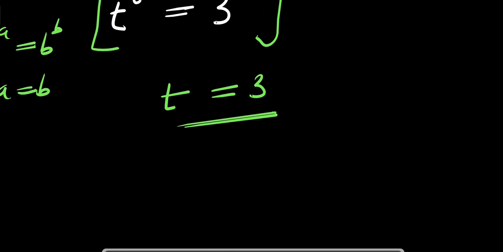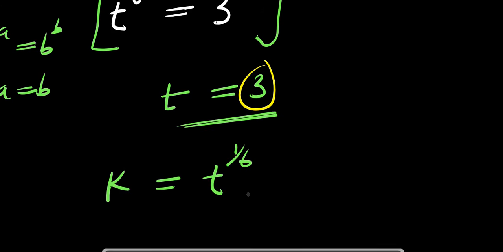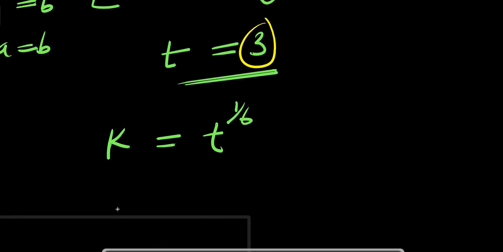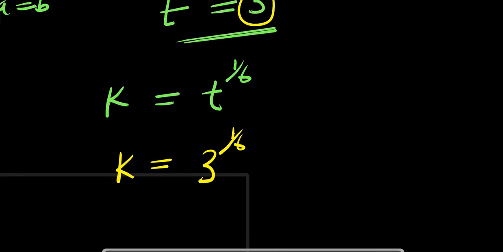I have, recall, k equals t power 1 over 6. And t is 3. So I can say that k equals 3 power 1 over 6. So this is our solution for k.